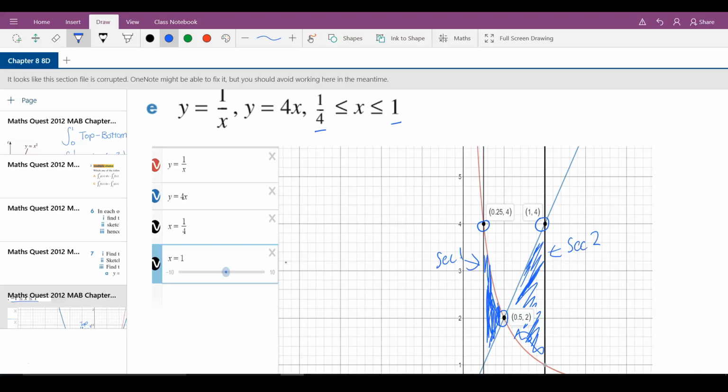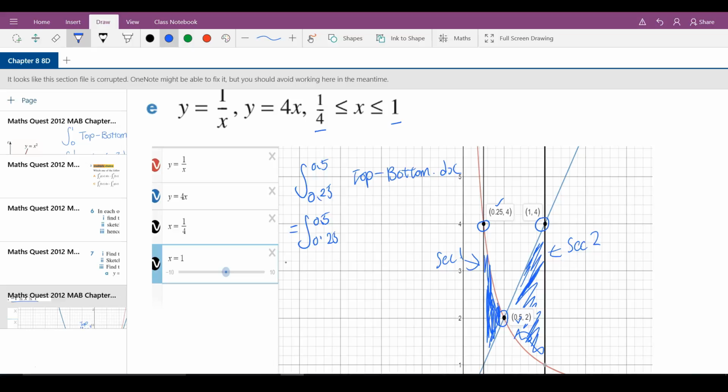All right, so let's go section 1. Integrate. Now section 1, we're going from 0.25 to 0.5. Top minus bottom. Integrate with respect to x. So which function is on the top?